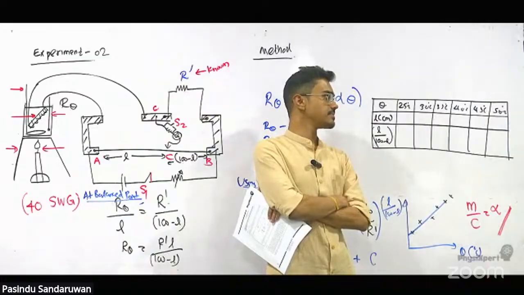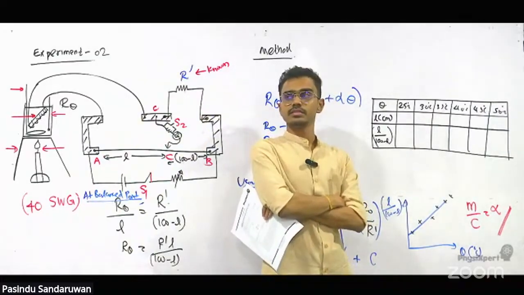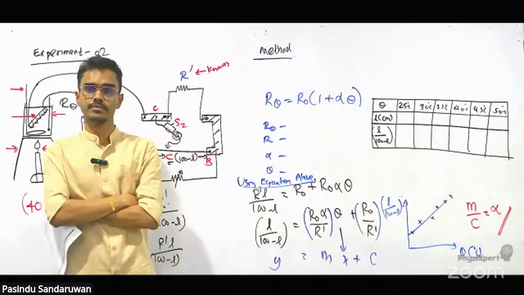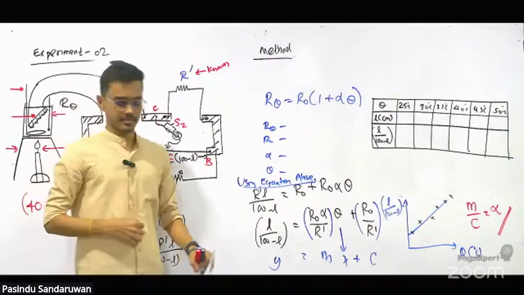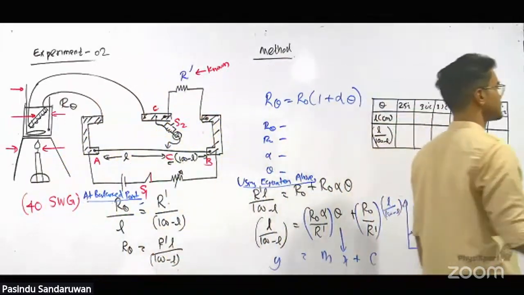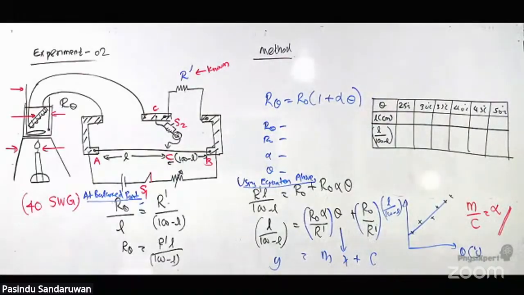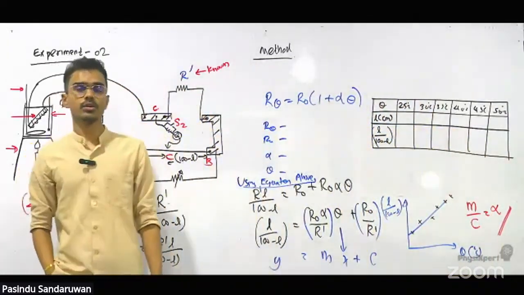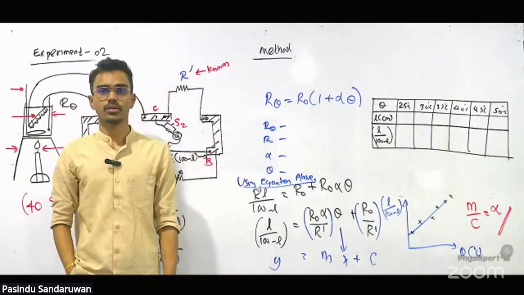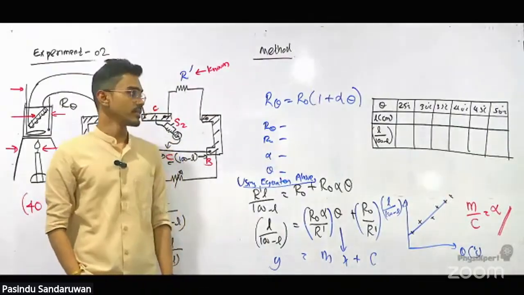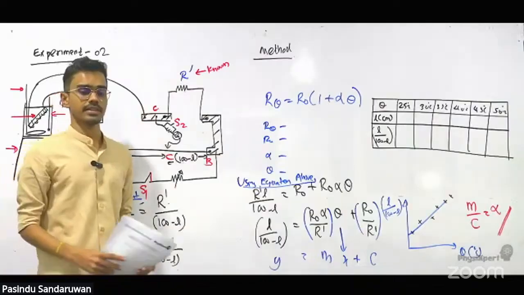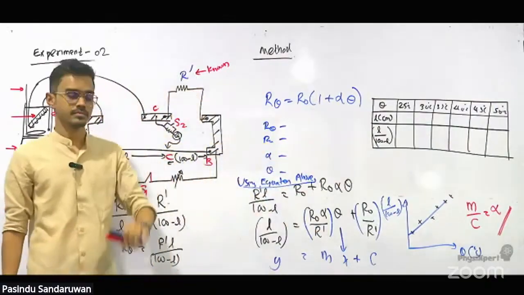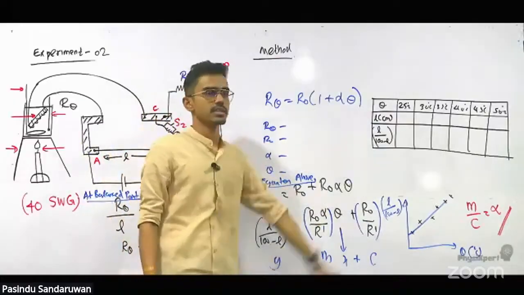Repeat the same for at least 6 different readings and record the respective theta and L in the following table. Take down this table.